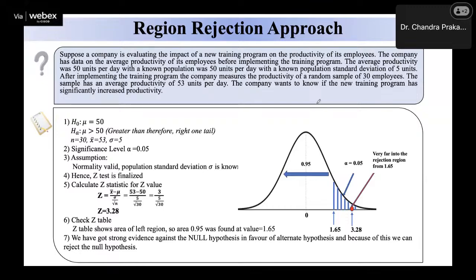The average productivity was 50 unit per day, with a known population standard deviation of 5 unit. So we consider the value mu as 50.